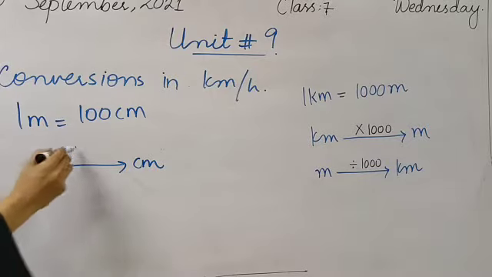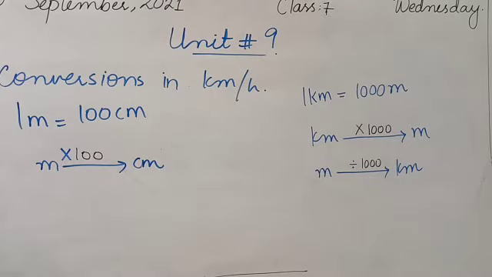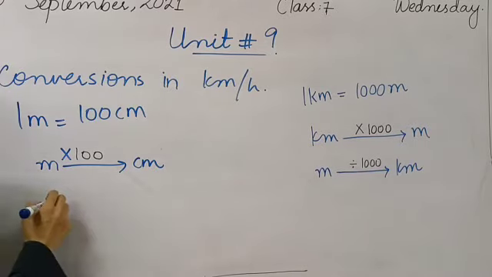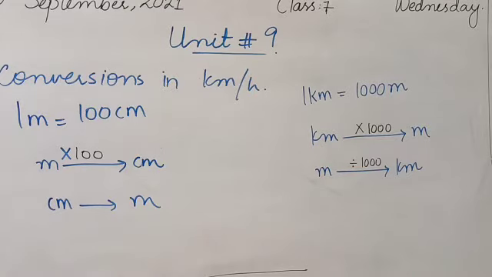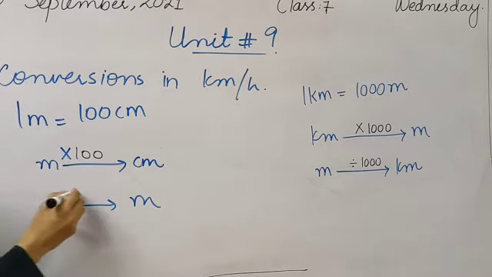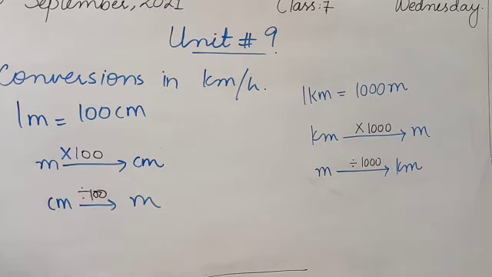Okay? And if we want to go back from centimeter into meter, then we'll simply divide by 100. Is it clear? These are the conversions which we will use in our today's lesson.